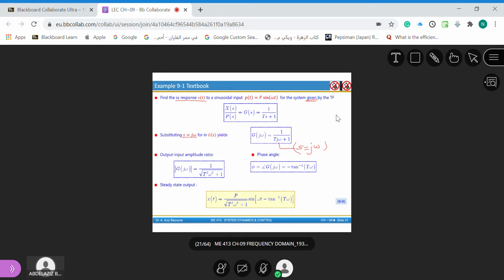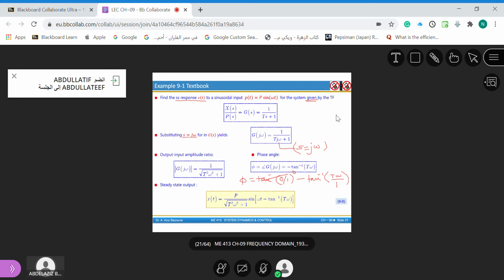The phase angle will be the phase angle of the numerator minus the phase angle of the denominator. The numerator 1 has zero imaginary part, so tan⁻¹ of 0 over 1 is 0. Then minus tan⁻¹ of the imaginary part Tω over the real part 1.